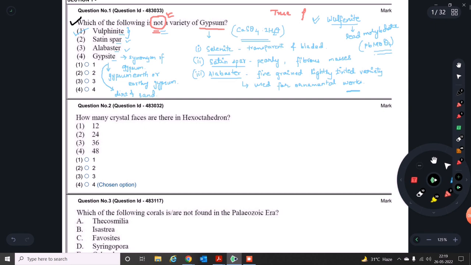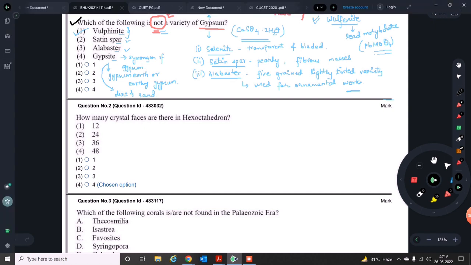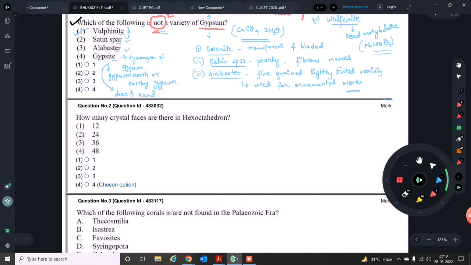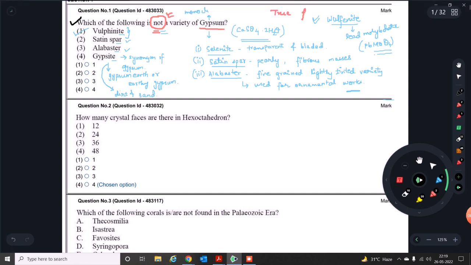This is not a variety of gypsum, and I will mention a few gypsum properties so that it helps you if any question on gypsum arises again. Gypsum is monoclinic.